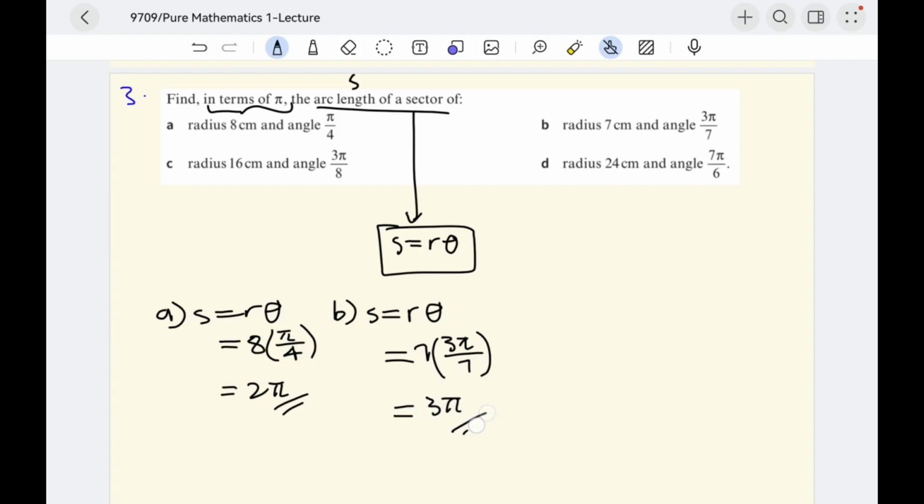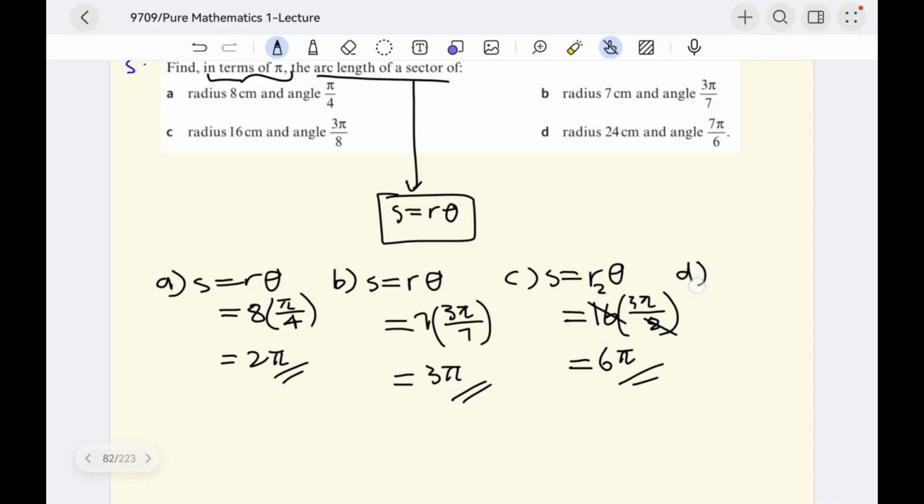So for B, you will get 3 pi. C, you will get 6 pi. And finally for D, you will get 28 pi.